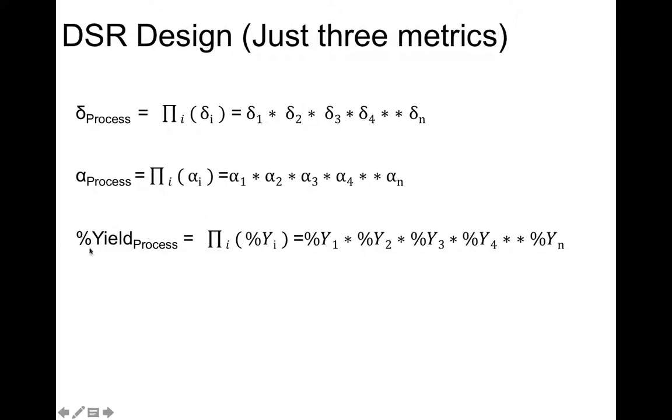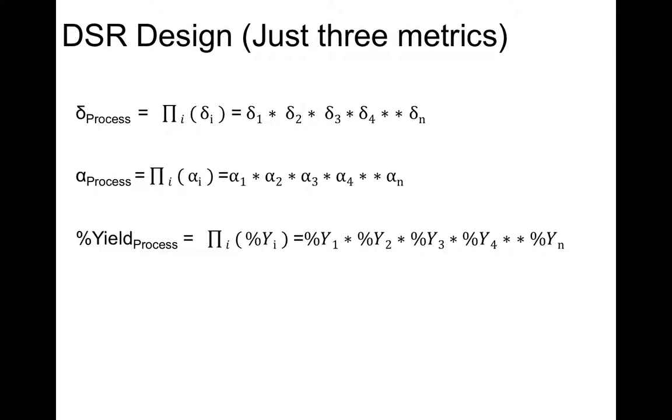And the same thing goes for the yield. So the yield of the overall process is equal to the yield of step 1 times the yield of step 2 times the yield of step 3 times the yield of step 4. Right? And this allows you to really be pretty careful and thoughtful in your design of a downstream purification. You can model each type of unit operation or step, and you can predict from the chemistry and the biochemistry what the alpha, delta, and percent yield should be.